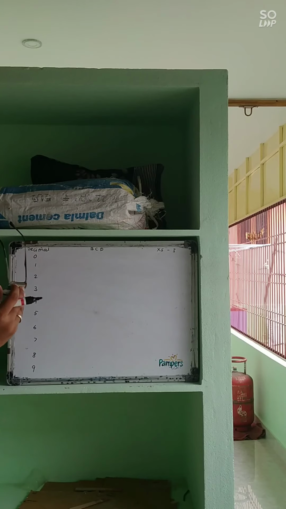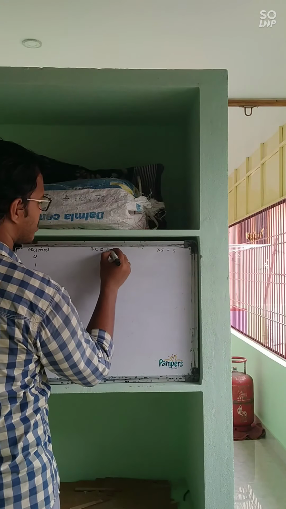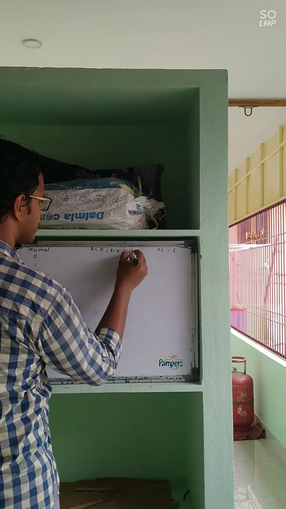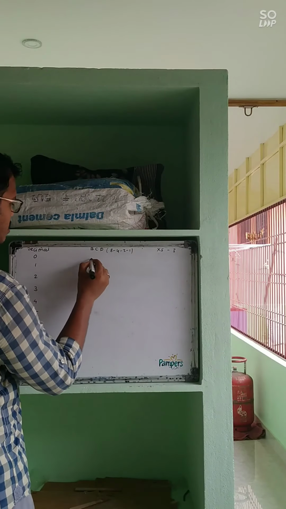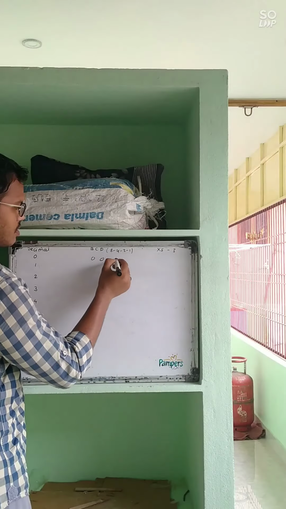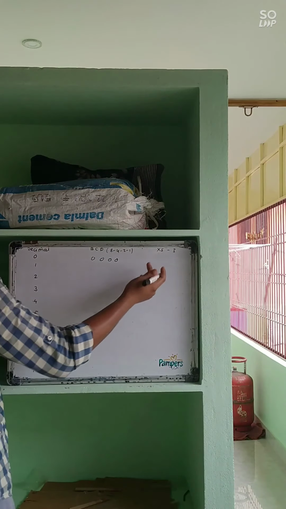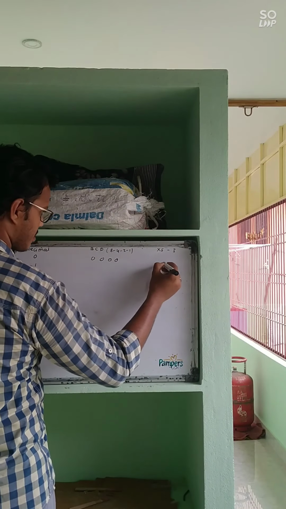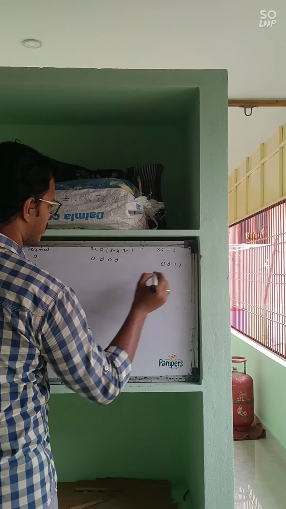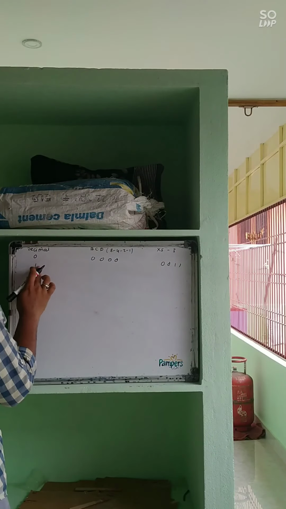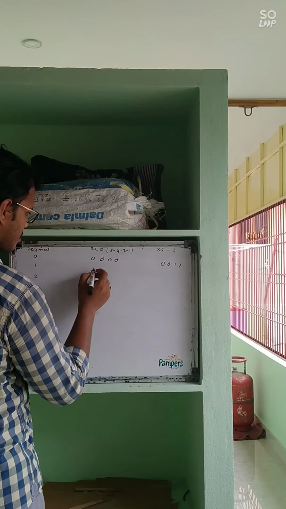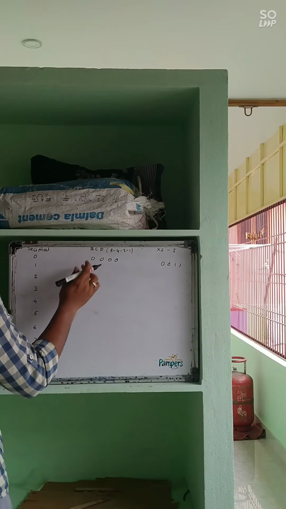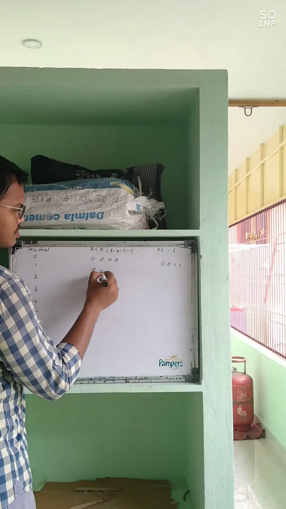XS3's BCD is also known as the 8421 code. So 0 0 0 0. Add 0 plus 3 to the BCD, then we get 0 0 1 1. Add 3 to the 1. How do we write 1 in the BCD? 0 0 0 1.